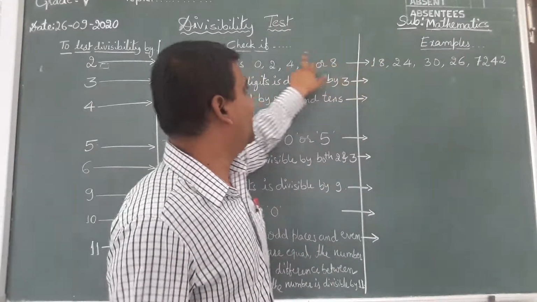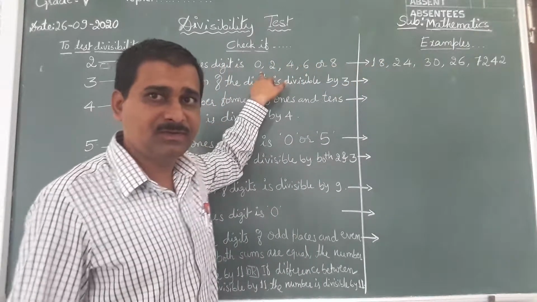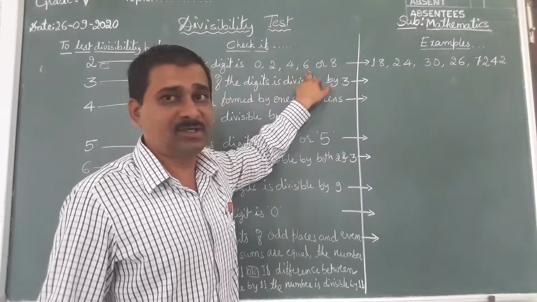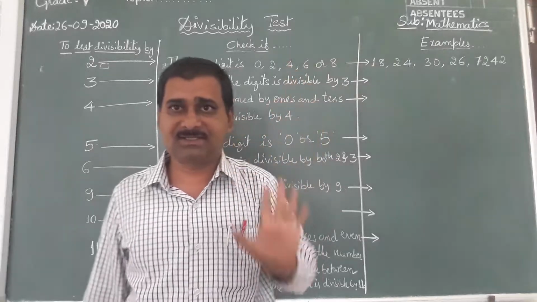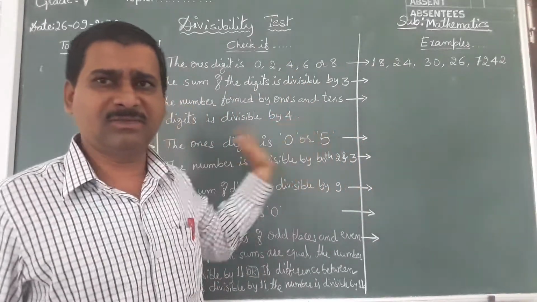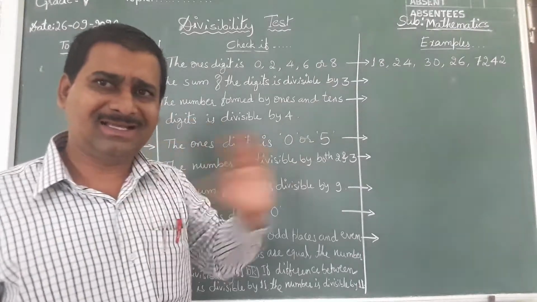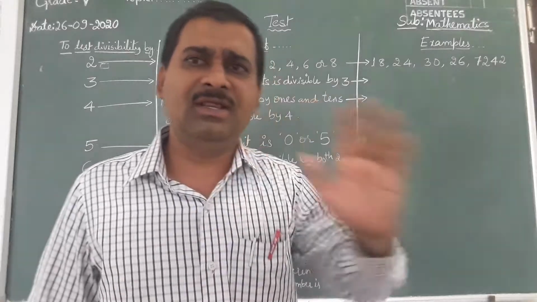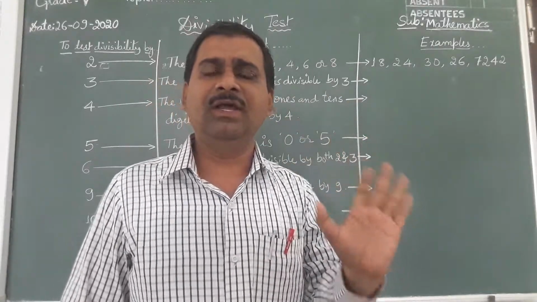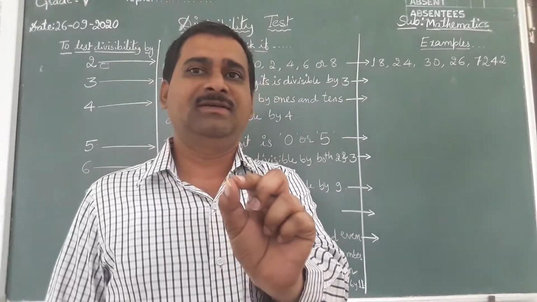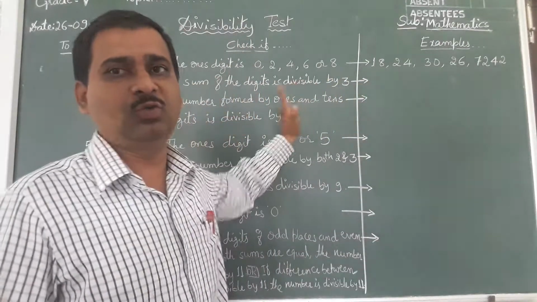In the ones place, if you find 0, 2, 4, 6 or 8, you forget about the other digits, you neglect the other digits. Only your focus should be on the ones place to test divisibility of 2.